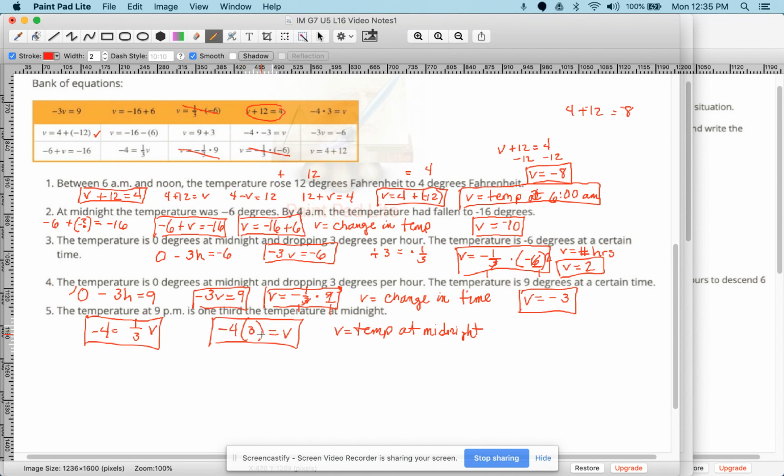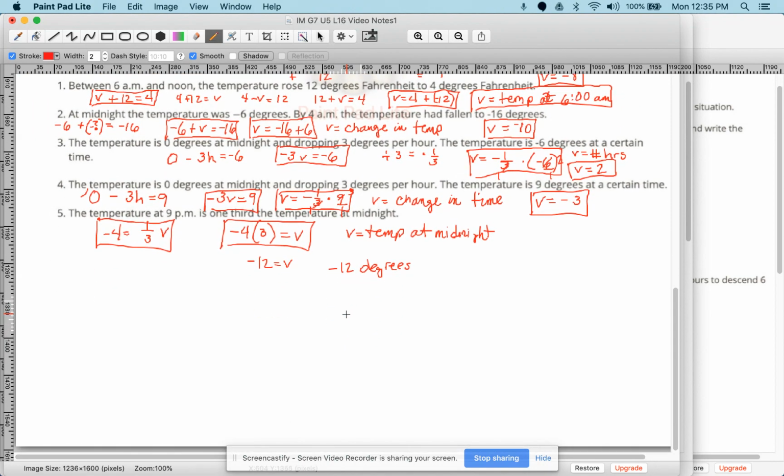Well, -4 times 3 is a -12 equals V, so it's -12 degrees at midnight. So that's how we're going to use signed numbers in situations that have an unknown amount or variable. All right, I think I'm done on this page.